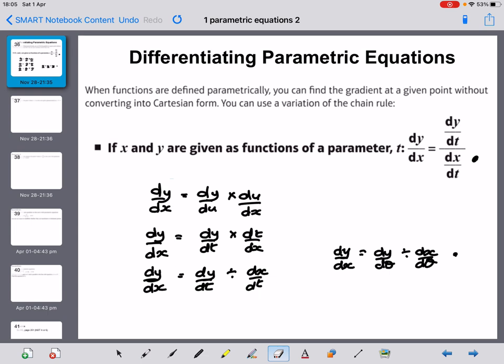The reason why this will be difficult is because they will give you something potentially difficult to differentiate. So you might have to use the chain rule, the quotient rule, or the product rule, or you might have to differentiate trig or log. The method is the same. They could give you an easy one, where the differentiation is easy, or a difficult one where the differentiation is difficult.